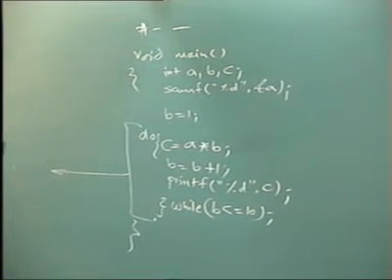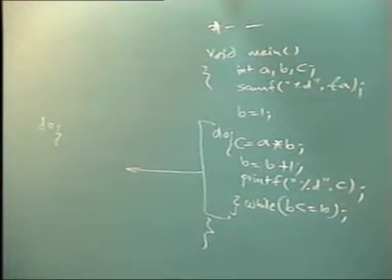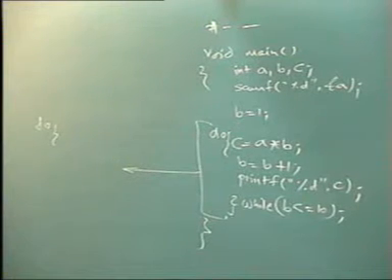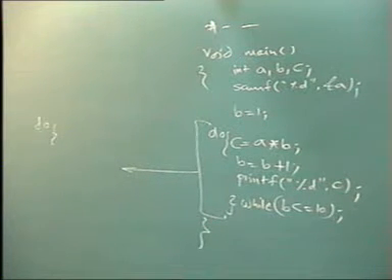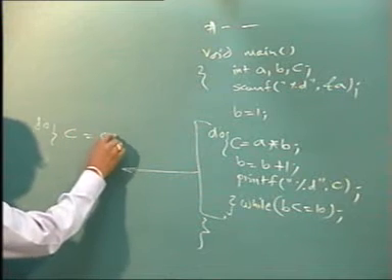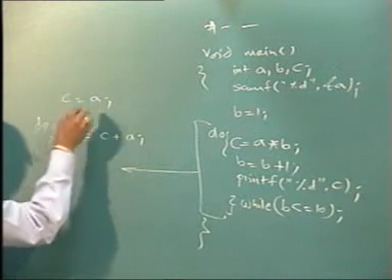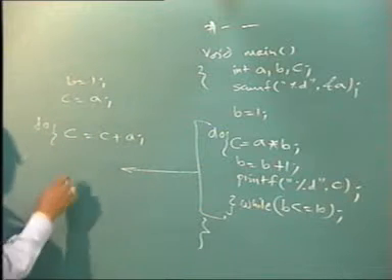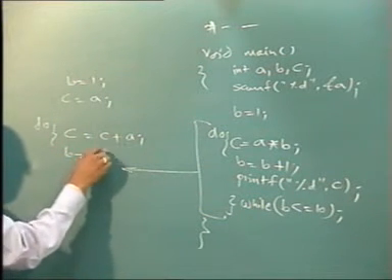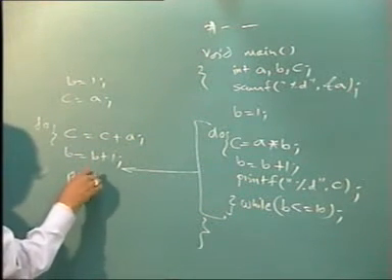For whom? For C. It gives a warning, you are using the variable without definition. C is not initialized. C is equal to A, B equal to 1, B equal to B plus 1, printf C.